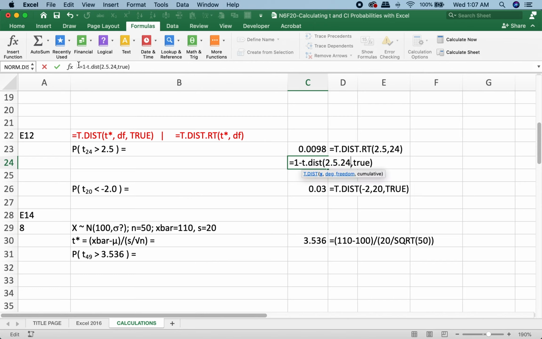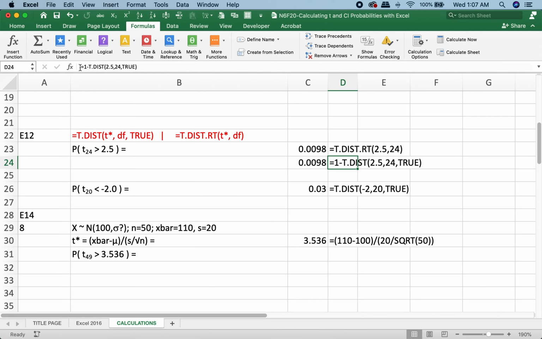And what didn't I like about that? I had a period instead of a comma. There we go. So you get the same answer right there. So just to show you that the T.DIST always gives you the probability from some point down. If you wanted to go up, you could do a 1 minus, but there is the built-in RT function that does that for you.